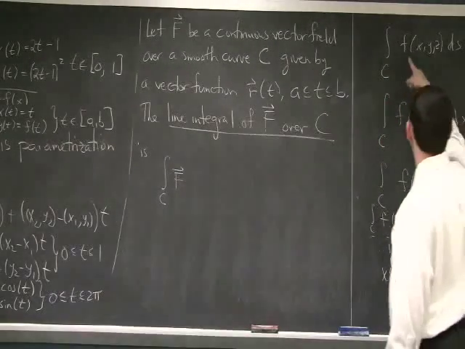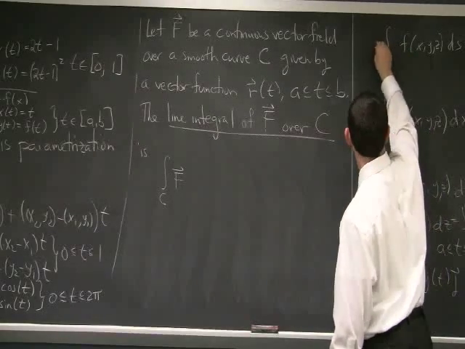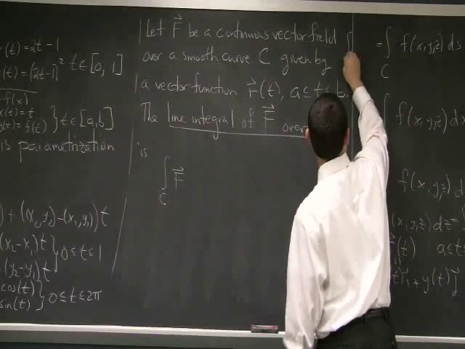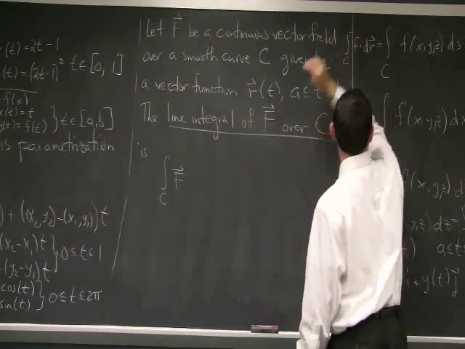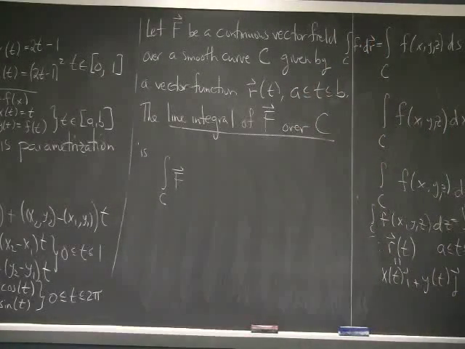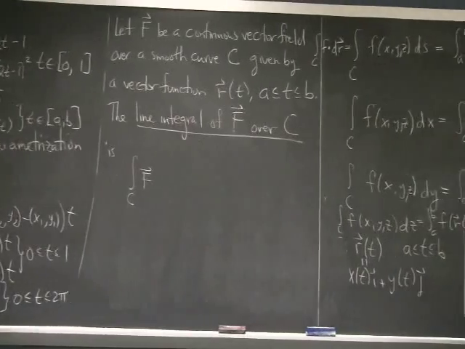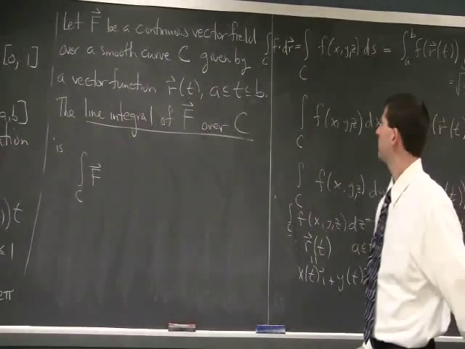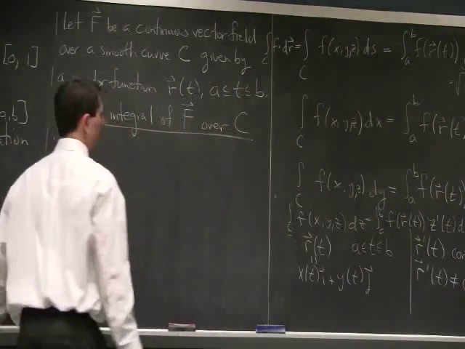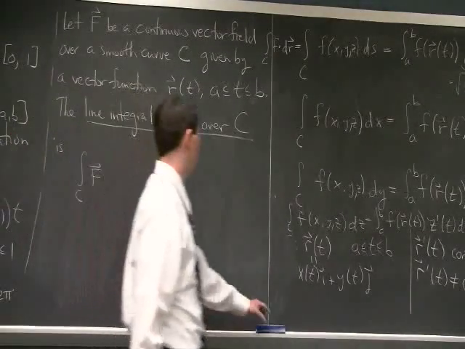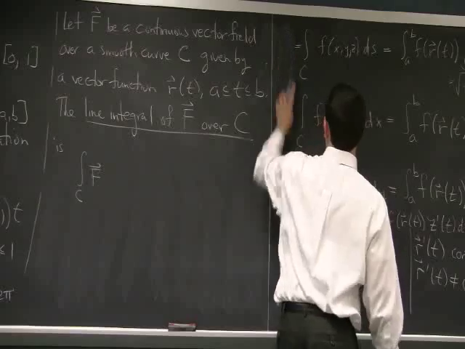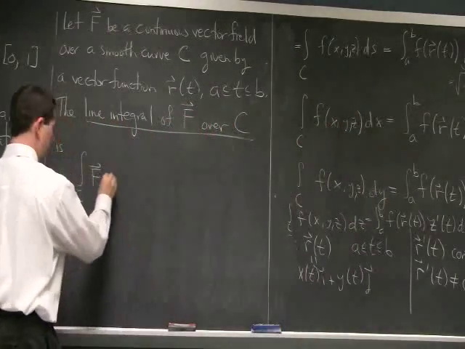Note that another way that we wrote this down is integral over C of F dot dr. Did we? I can't remember if we wrote it that way actually. Maybe we didn't. Okay. Well, that's how we'll write this.